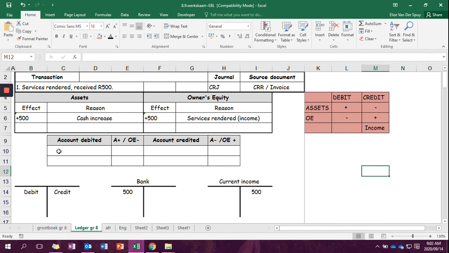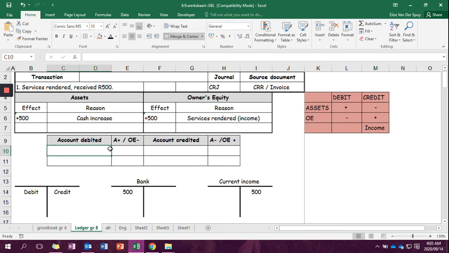Now we need to take a look at this little block, because this is also a way we can ask it. My suggestion is that we always ask about bank. Go to bank first, because bank is the easiest one. Because we have received money, our bank increased, and we now know that assets increase on the debit side.